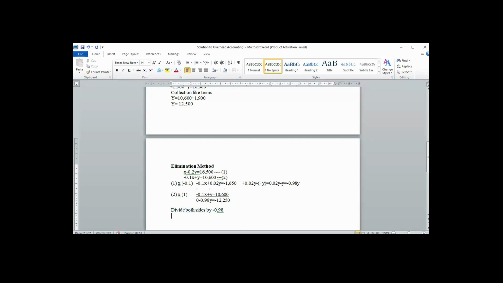What do we say we have there? Minus 0.98y divided by minus 0.98 equals to minus 12,250 divided by minus 0.98.